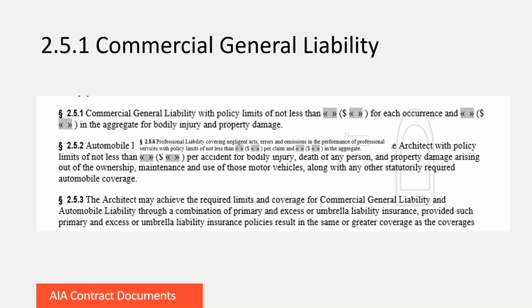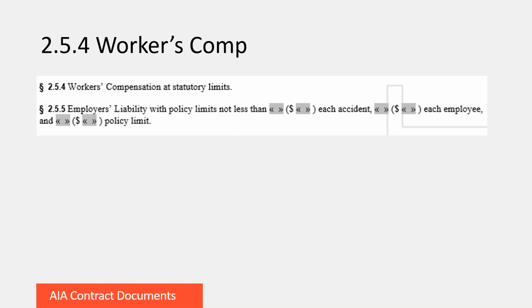There's a blank for the architect's auto coverage, which tends to be relatively straightforward. And you can see on the next section in 2.5.4, the workers' compensation insurance does not have a blank. The standard form refers to the statutory limits, but that is still something that you will want to cross-reference.